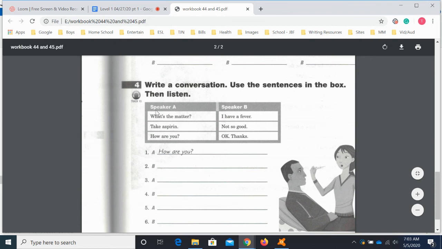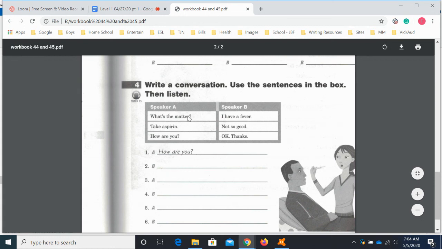In the box, we have speaker A and we have speaker B. So one person will speak and then another person will respond or answer. So the first thing is, number 1, how are you? Right? But let's read all the ones in speaker A first and then read the ones in speaker B. Then we will have the conversation.